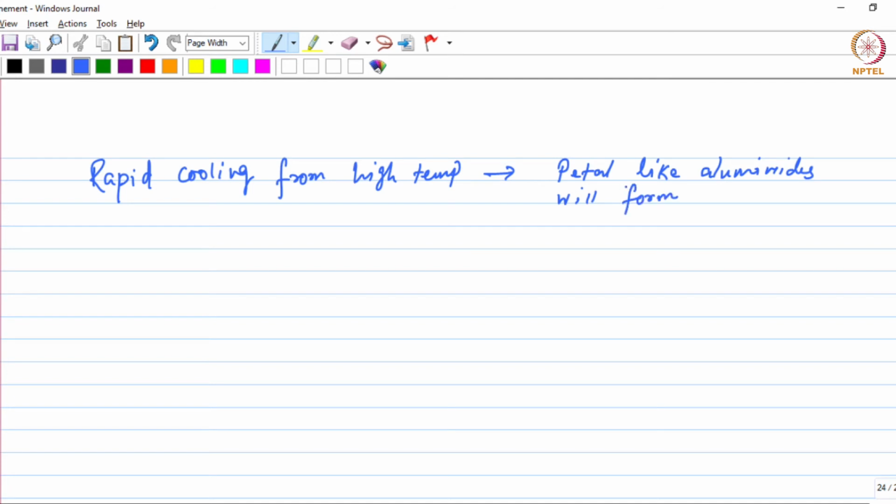Okay, the intermetallic particles will have a shape like, a morphology like petals. Okay. On the other hand, slow cooling from high temperature will lead to plate-like morphology.